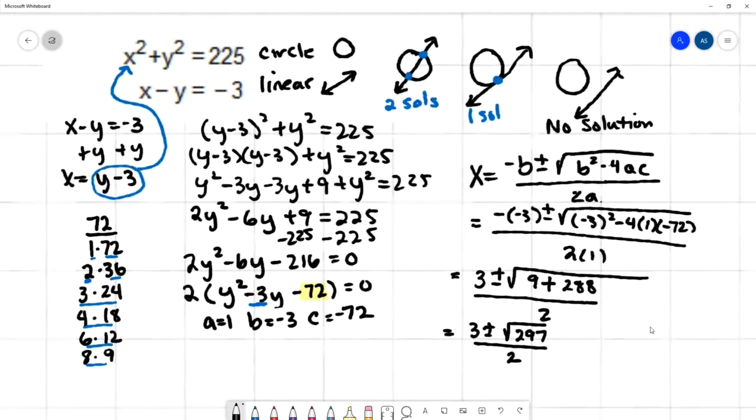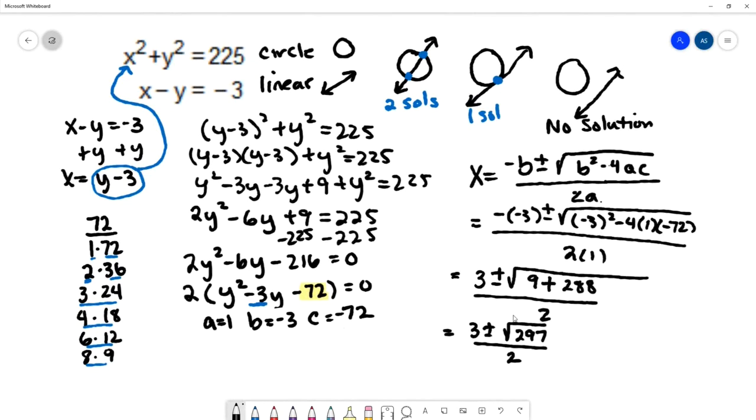And this is getting pretty messy, so I'm going to double check to make sure that I didn't make a mistake here before I go any further. So let's just walk through this process. I added y to both sides and got y minus 3. And I plugged in here and got (y minus 3) squared plus y squared equals 225.